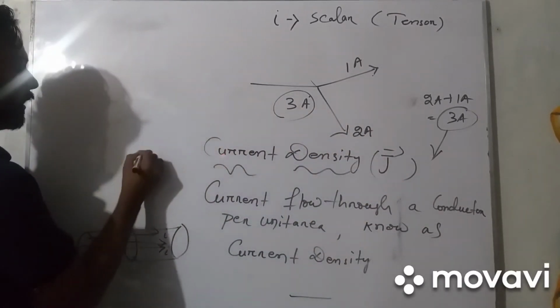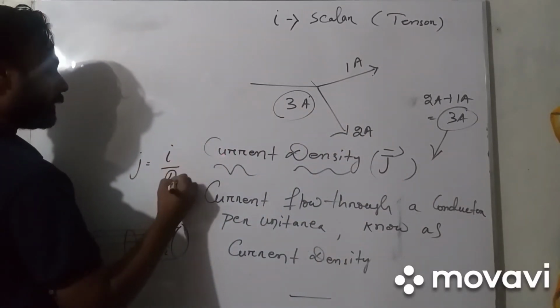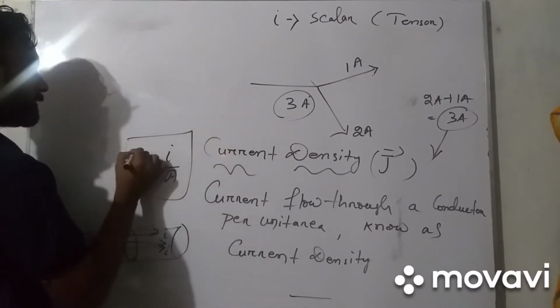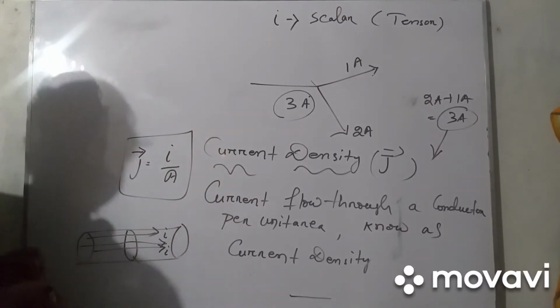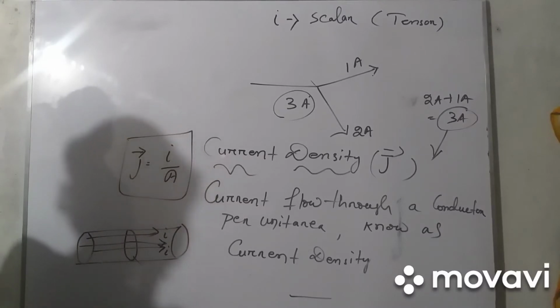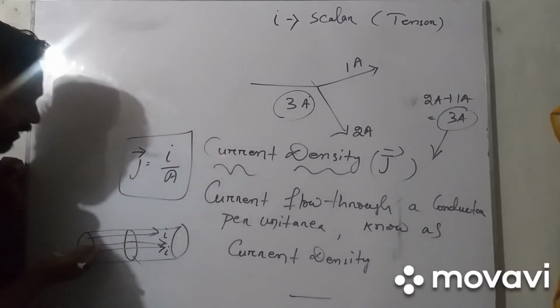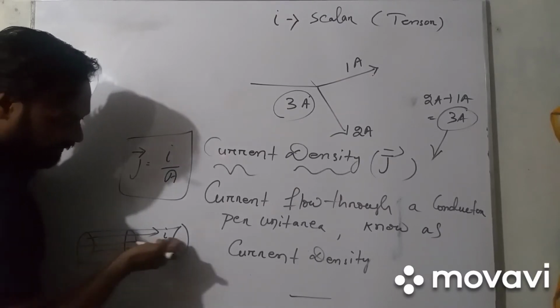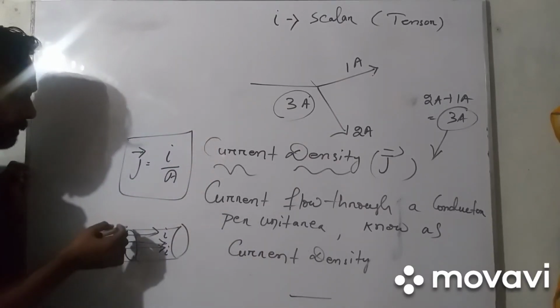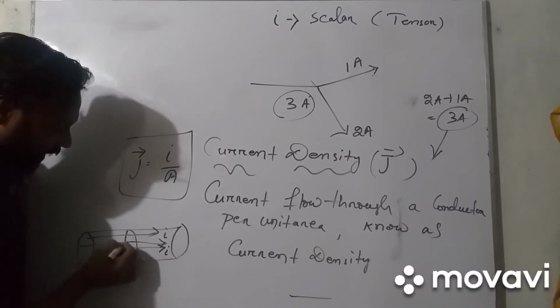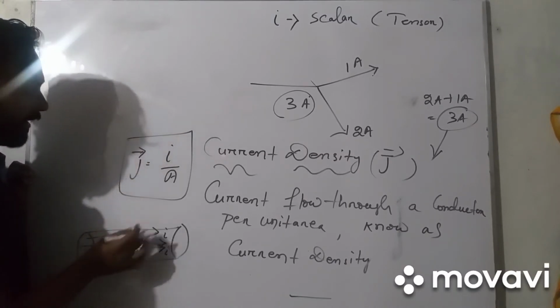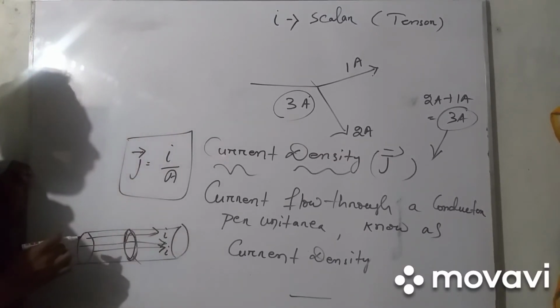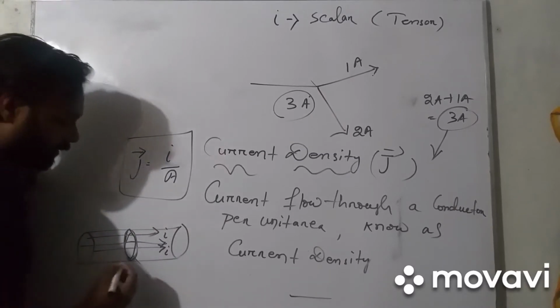So J equals I by A. That means J is a vector quantity. Why is it a vector quantity? Because the current moves inside the conductor and passes through the area. This is the area, and that area is always perpendicular to the direction of current.